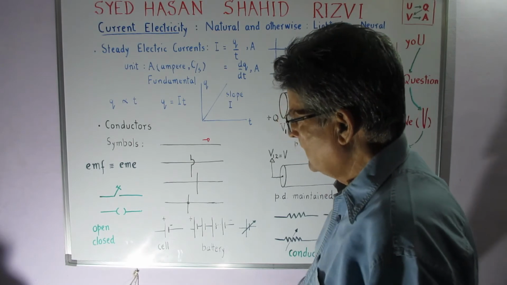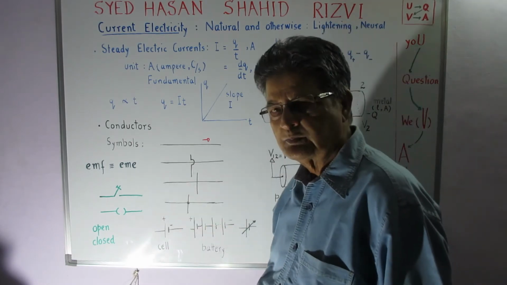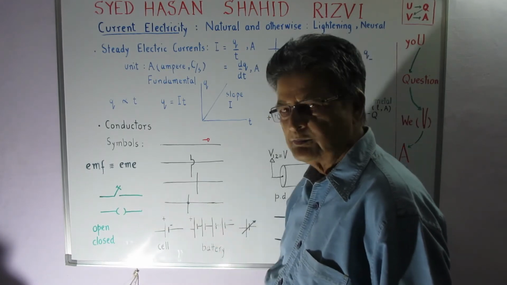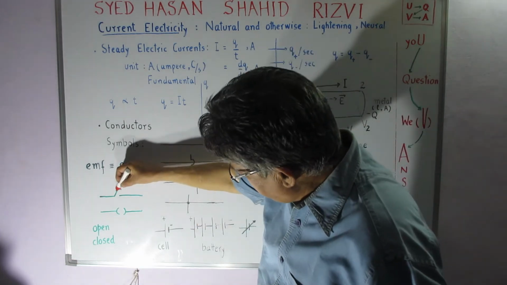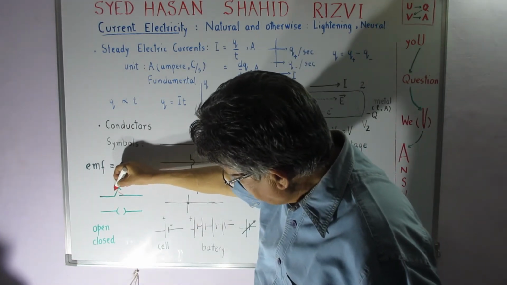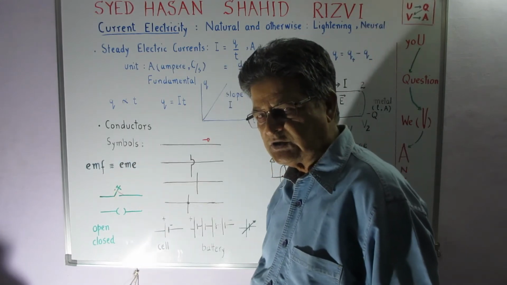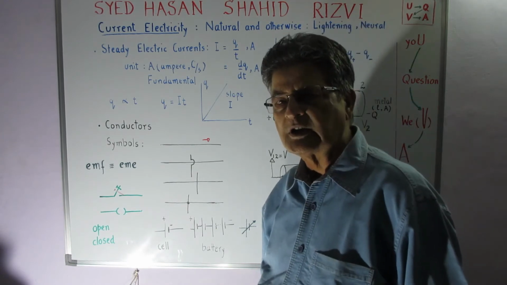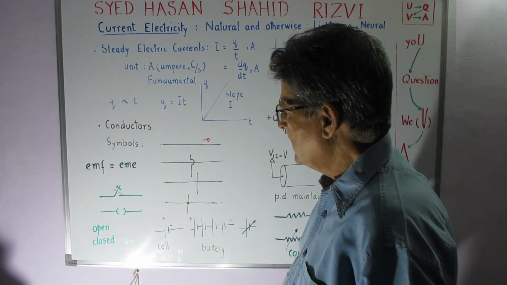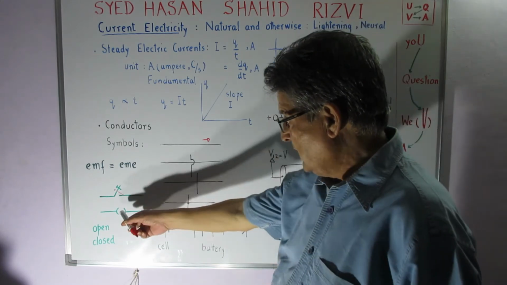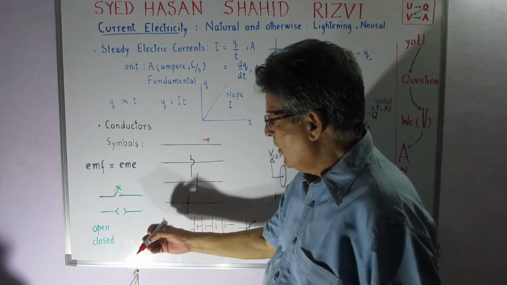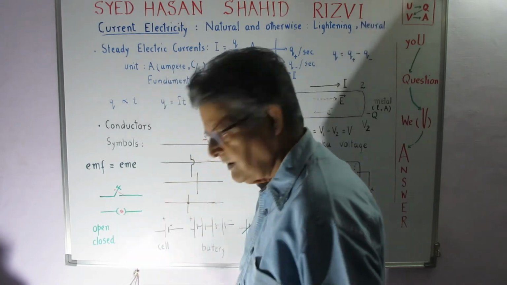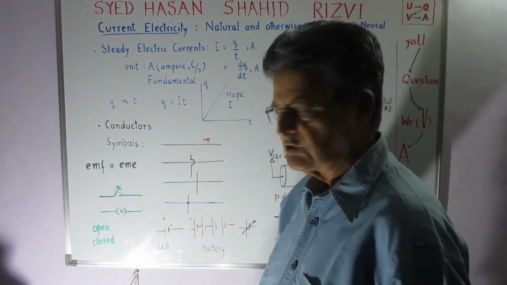Well, there are some switches, they are also included. A switch like this is open, and when I make a connection like this, then the switch is closed. An open switch has infinite resistance and a closed switch has zero resistance. I'll tell you what a resistance is a bit later. Similarly, this is an open key, and when we insert the key over here, then it is closed.